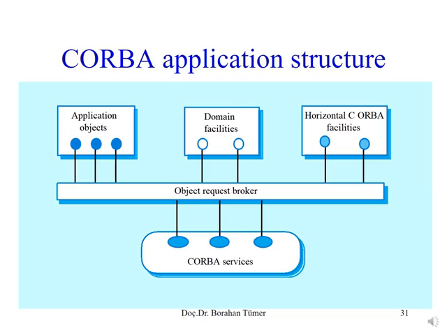In this slide, you see of what components, as OMG sees it, a distributed system should be made up. Application objects designed and implemented for this application. Domain facilities defined by the OMG for a specific domain.